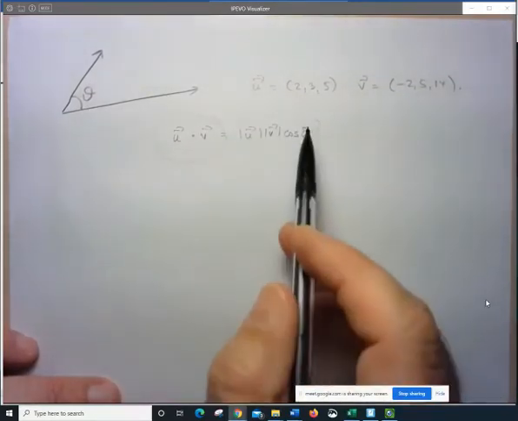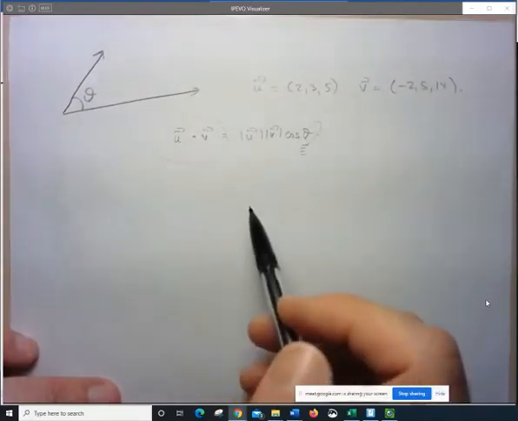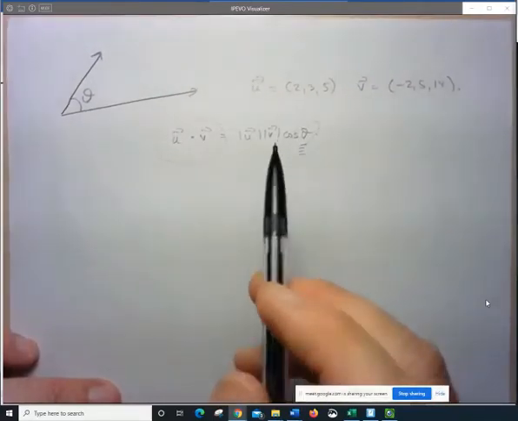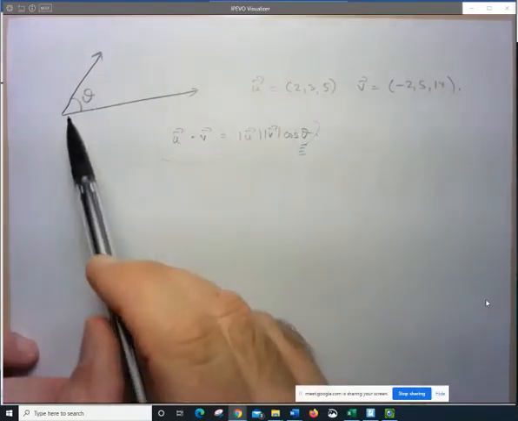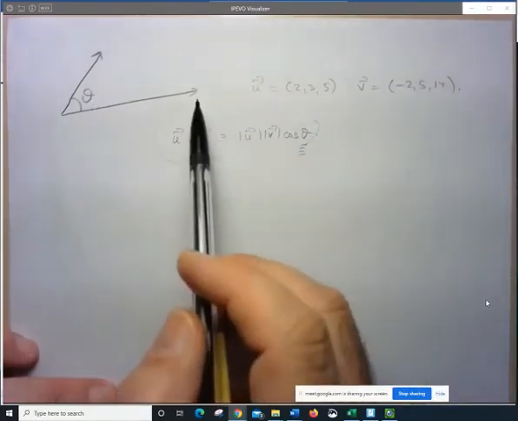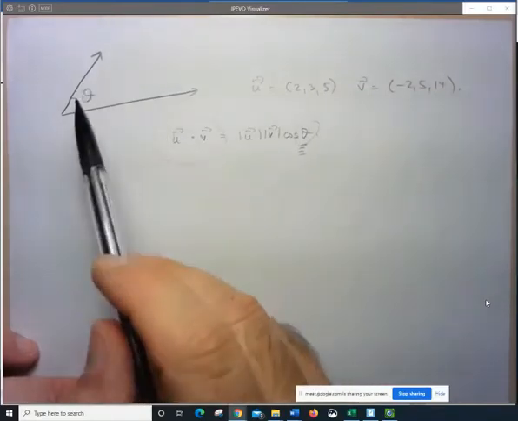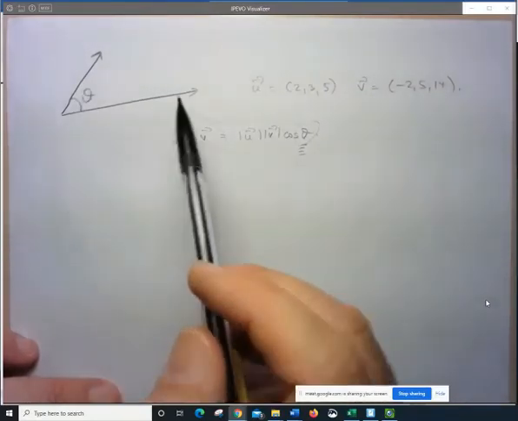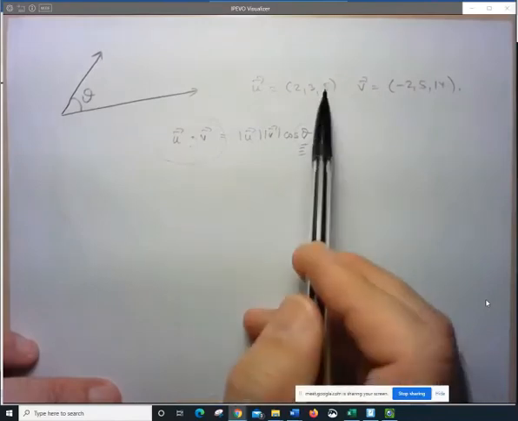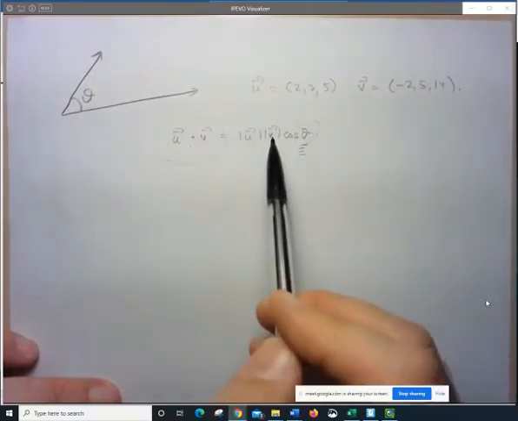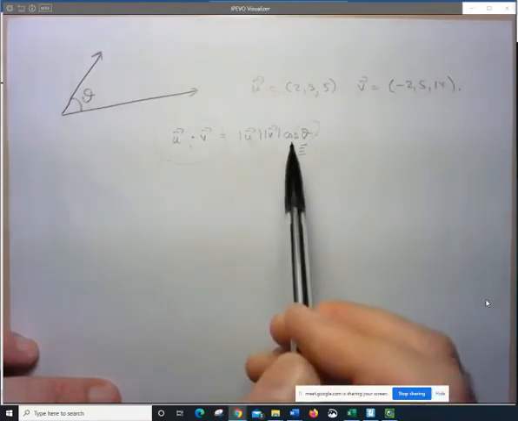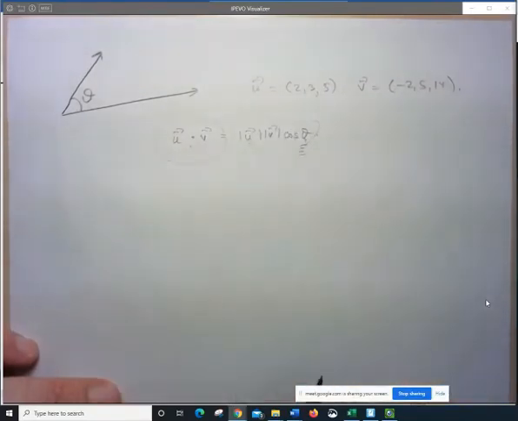In other words, I can solve for the angle. All right, and this is one of our first really important uses, that if we need to determine the angle between 2D or especially 3D vectors, it's as easy as determining the dot product algebraically, which is quick, determining the magnitudes, which is also quick, and just solving for the angle theta.